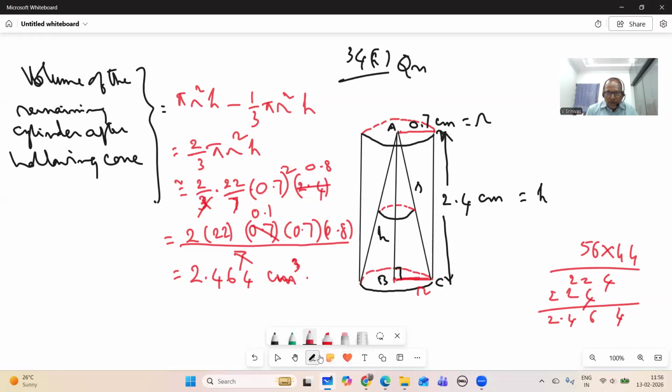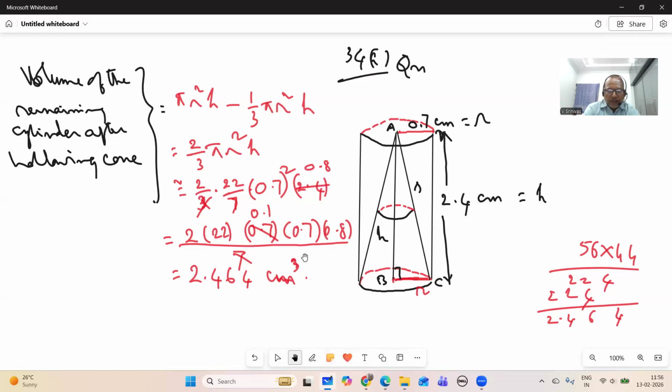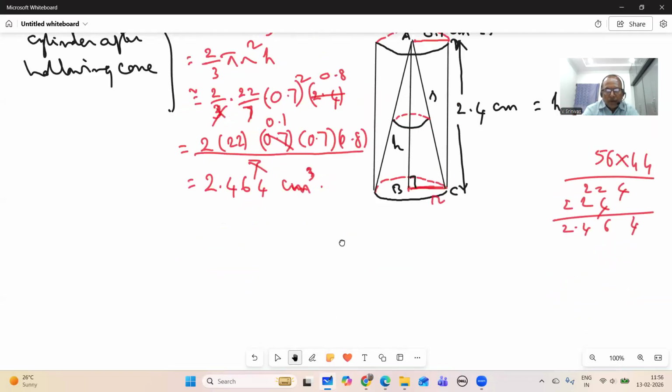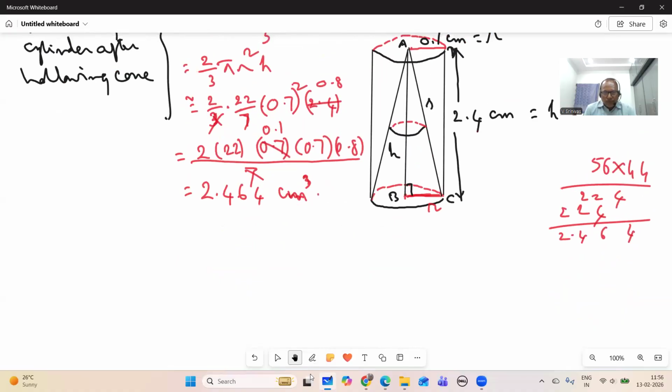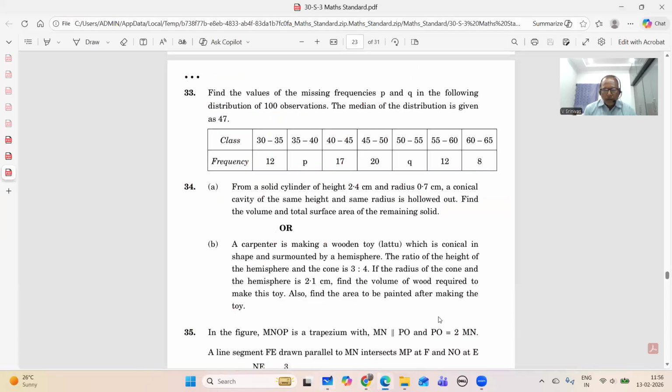And we are also asked to calculate the surface area. How can we do that? Find the volume and total surface area of the remaining solid.